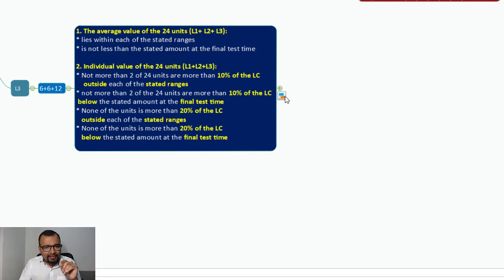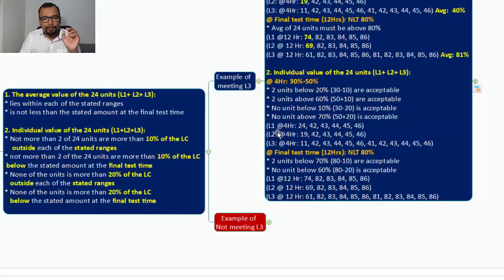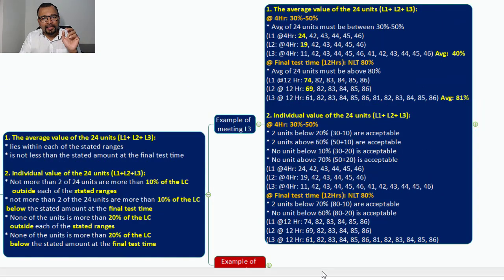And let us understand this acceptance criteria with the help of a suitable example. Okay. So here is the example onto your screen. So the average value of 24 units, and this is the fourth hour requirement is 30 to 50%, and this is the data. So what is the requirement now? Average value requirement must be between 30 to 50% now.